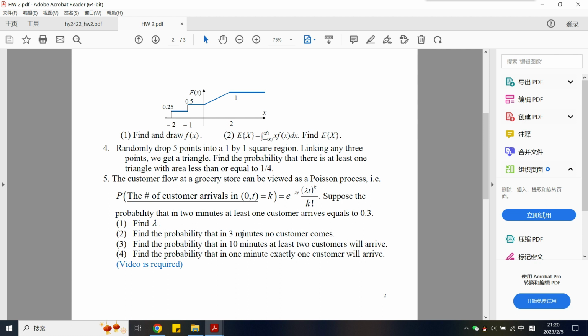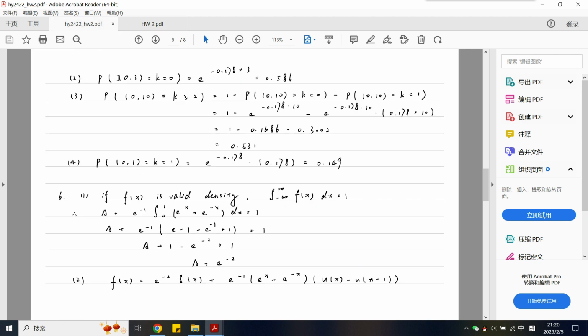Secondly, we need to find the probability that in 3 minutes no customer comes. So also we can change this condition to our formula, which means the probability that in 3 minutes no customer comes.